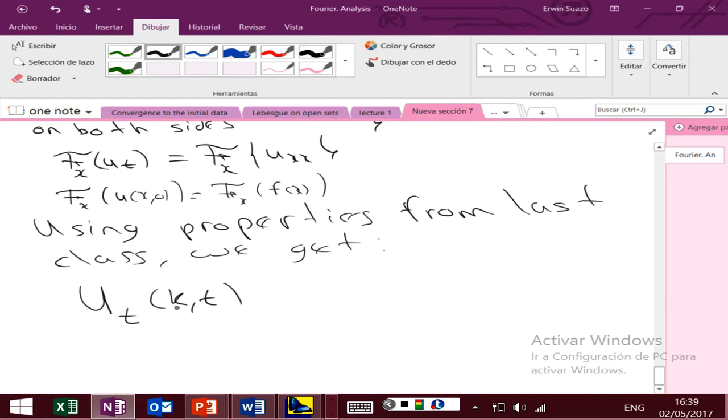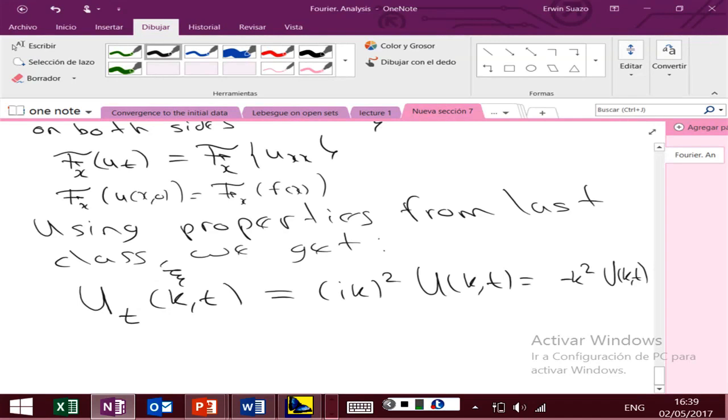My x disappears and becomes k. And then the right side, by the last formula, is (ik)^2 U(k,t), which is just minus k squared U(k,t).